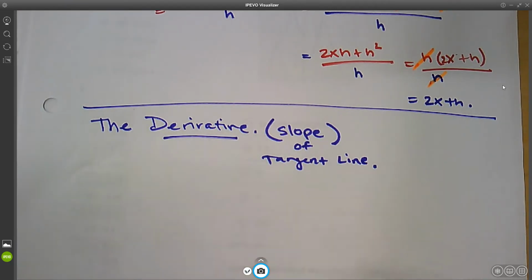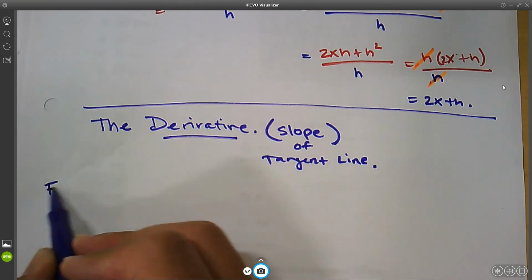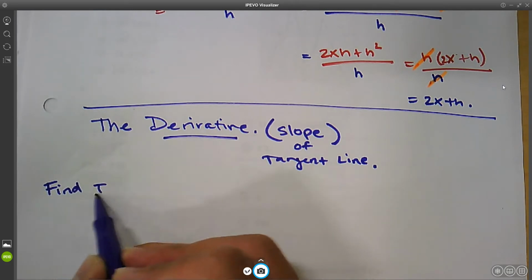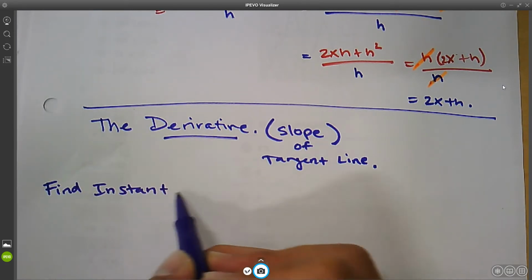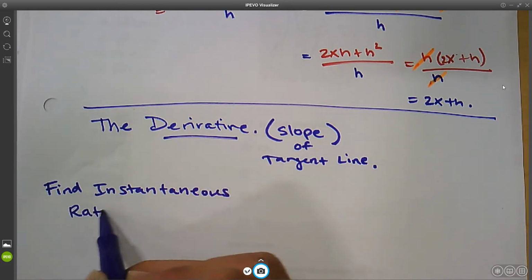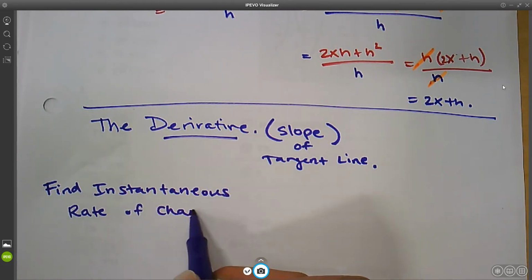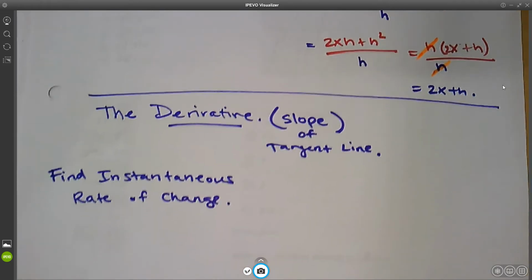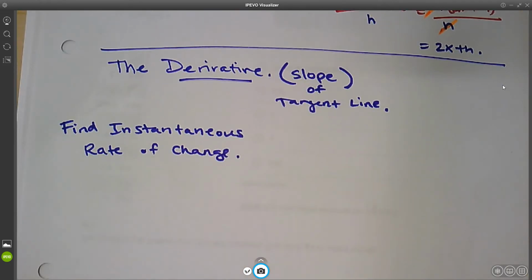Okay, so the derivative pretty much narrows down to find the slope of the tangent line, find the instantaneous rate of change. So when they tell you go and find the derivative, they just want that instantaneous rate of change, the slope of the tangent line at one point.